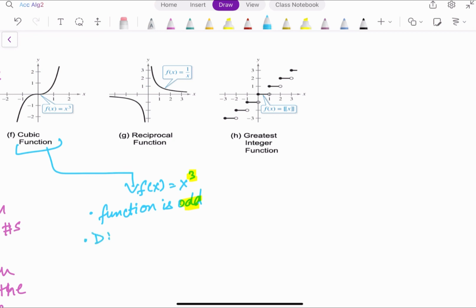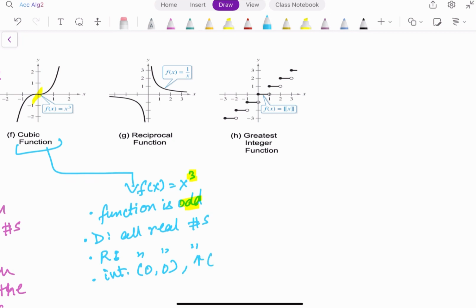Let's talk about the domain. So domain is all real numbers because the graph is in the third quadrant and in the first quadrant as well. Range for this graph will be all real numbers again. And the graph has the intercept at (0, 0) because at (0, 0), it is changing, right? It is changing the quadrant.